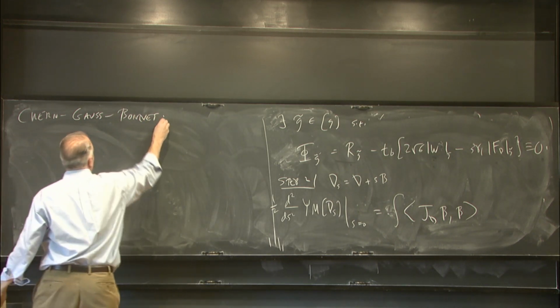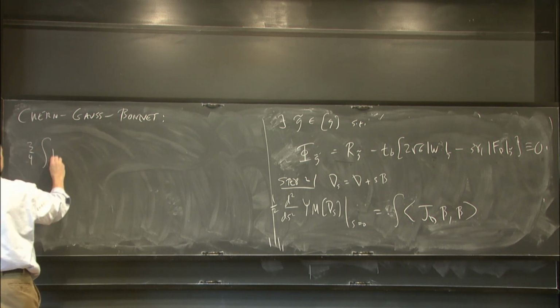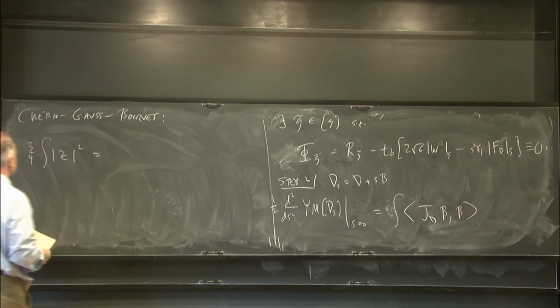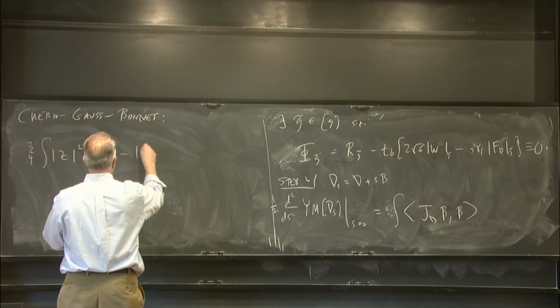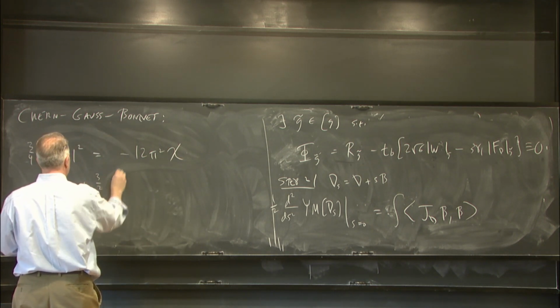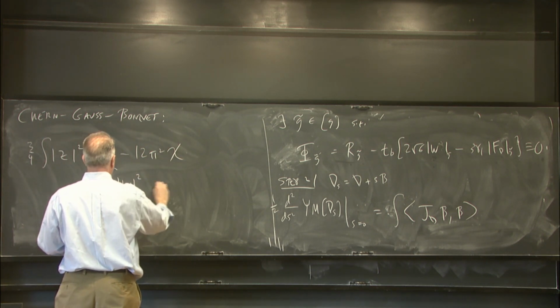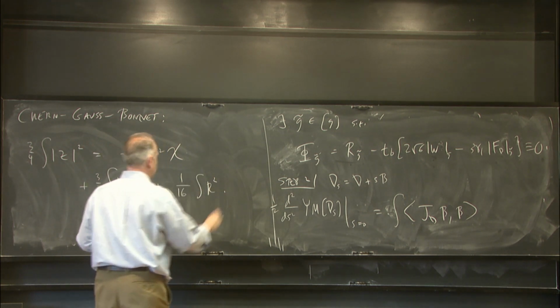And it turns out that one of the terms is the Z squared. So if you just rewrite the Chern-Gauss-Bonnet formula, you can express 3/4 Z squared. So what are the coefficients? It's minus 12 pi squared times the Euler characteristic plus 3/2 Weyl squared plus 1/16 scalar curvature squared.